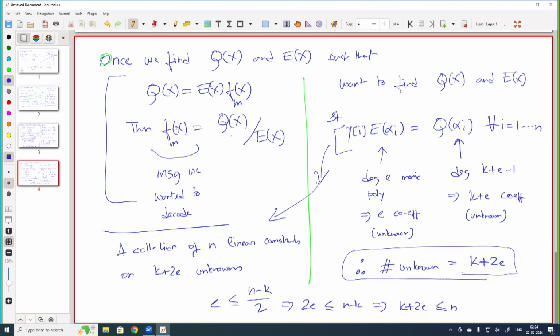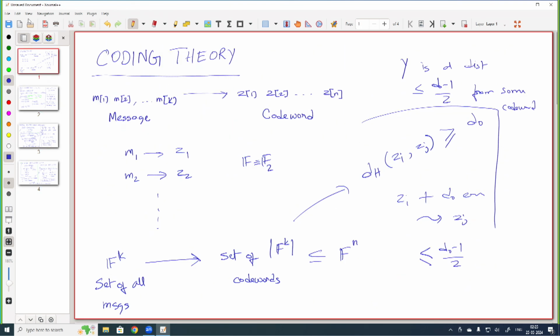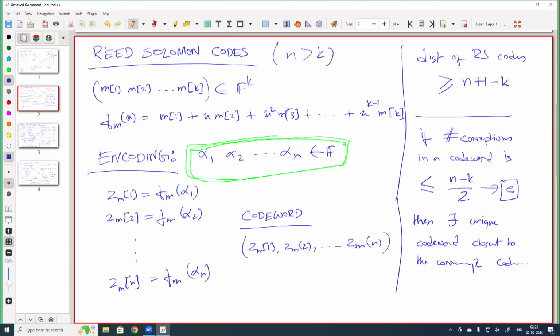I understand that this is a bit of a jump in complexity here, but I hope you appreciate the idea that, first of all, we had a very nice encoding scheme using just polynomials, which could take a message of length k and map it to a message of length n, where the distance is nearly optimal.